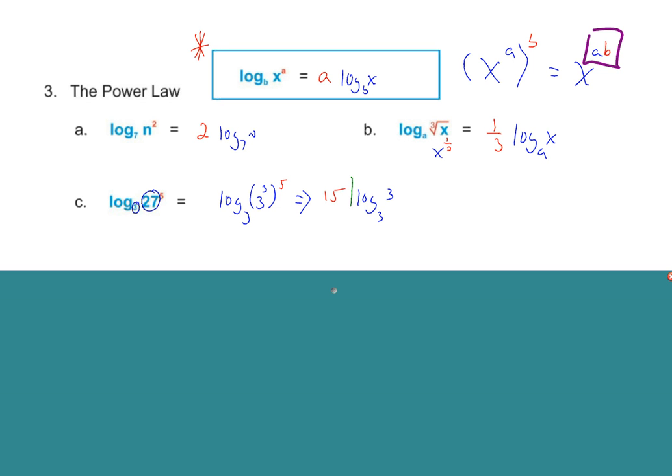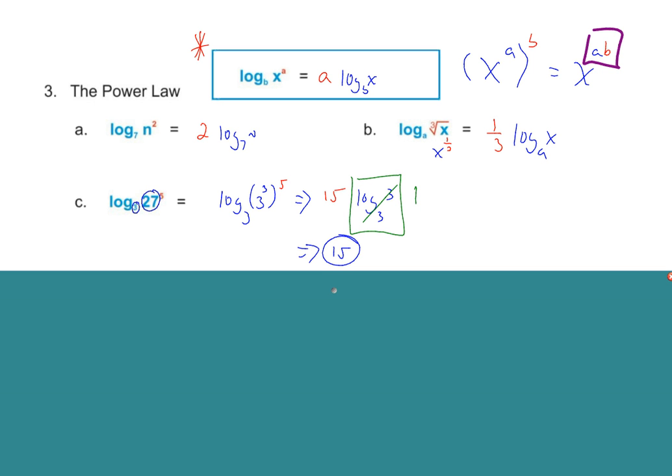And by the way, what is the log of 3 in base 3? It is 1, right? So this is 15, right? Again, we still haven't gotten to the point where we're using our calculator for things like that. We'll get there real soon.